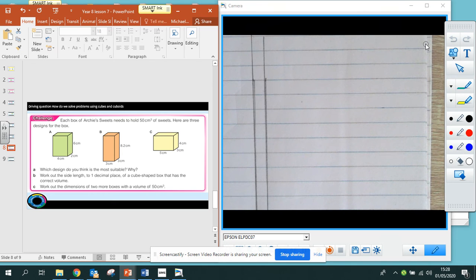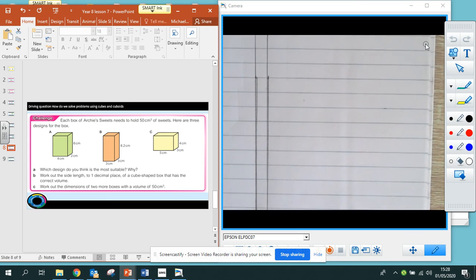Right, okay. So let's start thinking of ways of doing this. What I could do is say, okay, how do I make 50? The easiest way of making 50, the first thing that came into my head was 5 times 10. So if I multiply 5 by 10, I make 50.